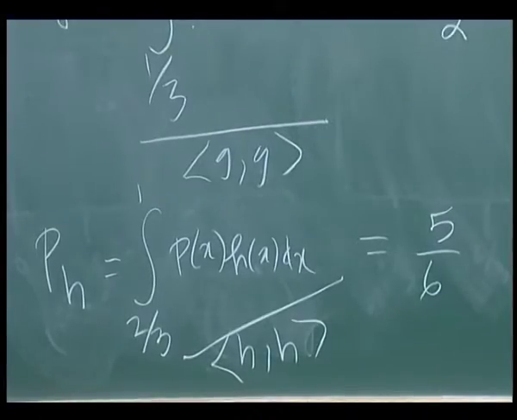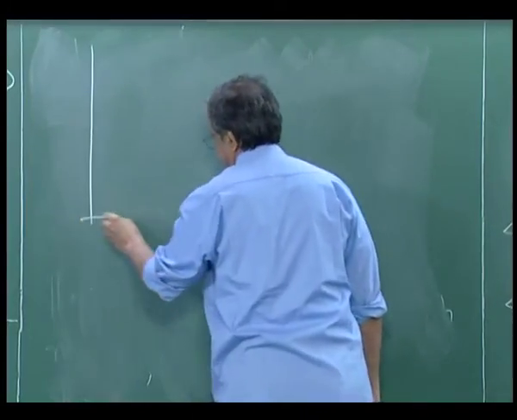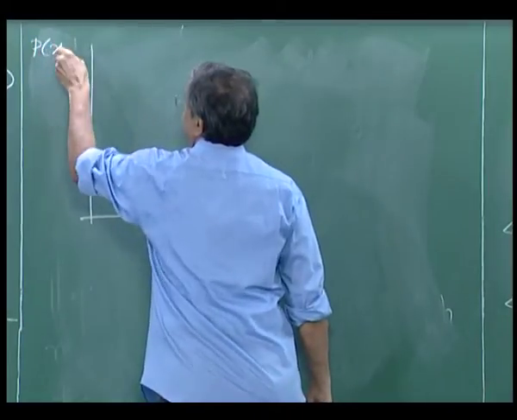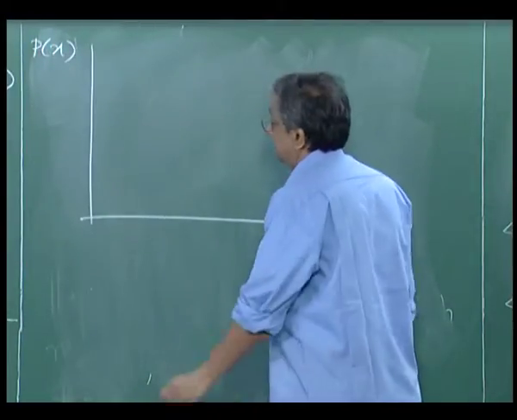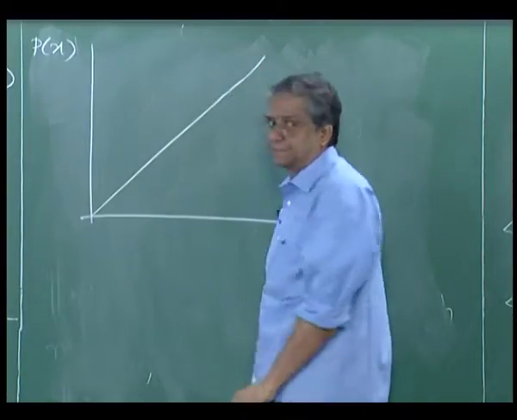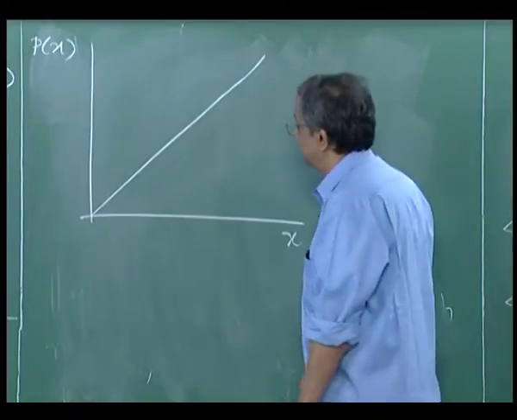So what is the function that we want to plot? Let us plot this function. So this is x, this is P of x, and the function itself is a 45-degree line. Is that fine? The function itself is a 45-degree line.